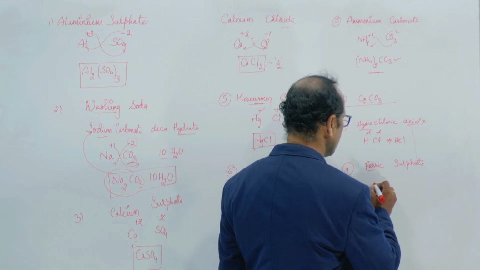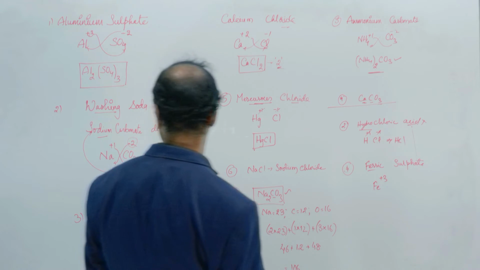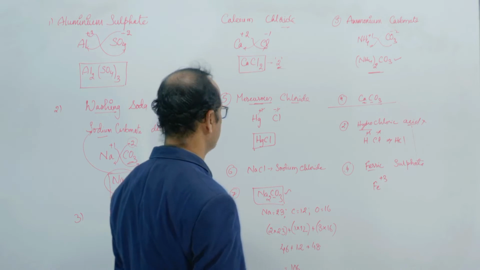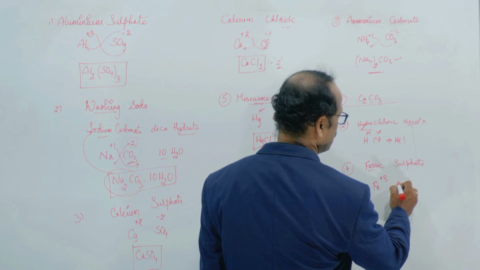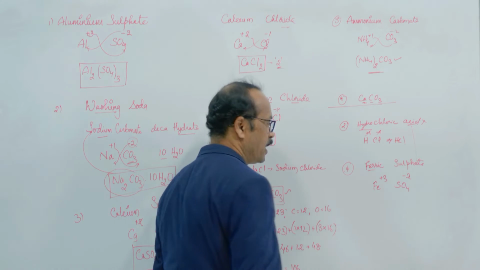So write Fe plus 3. Sulfate is SO4, with valency minus 2.